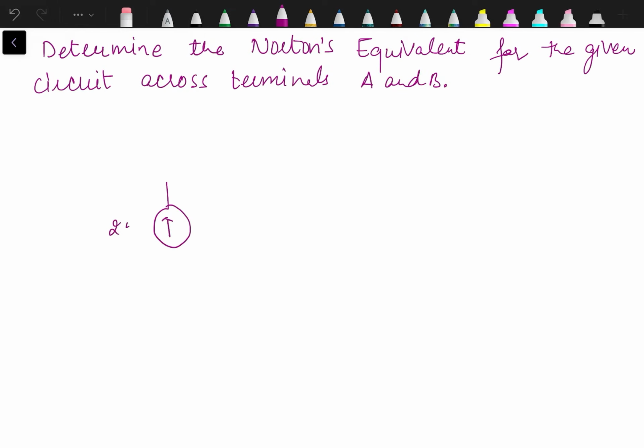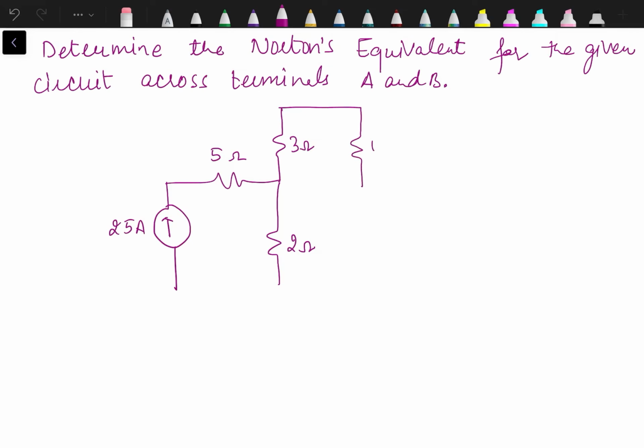So let's draw the circuit. This one is A and this terminal is B. So basically these are the load terminals. We have to obtain the value of short circuit current through these load terminals, and also we need to find out the equivalent resistance seen from the load terminals.